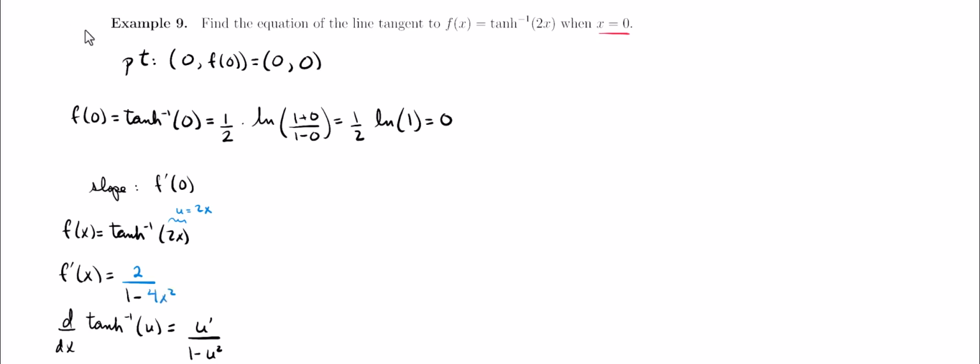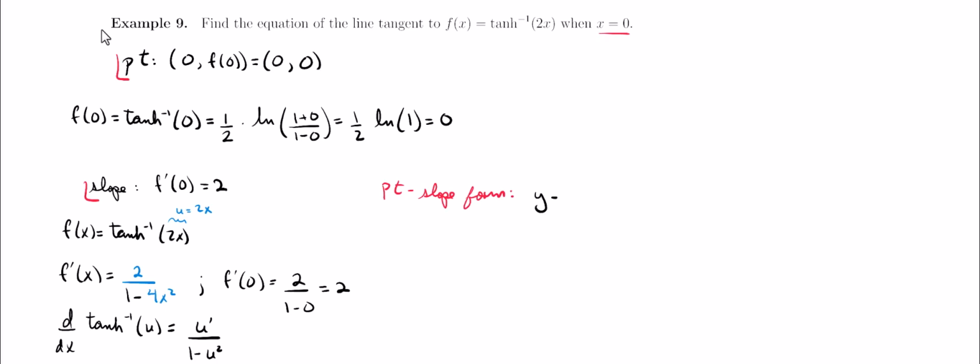Now if we evaluate our derivative at 0, we get 2 over 1 minus 0, which is just 2. So our slope is equal to 2. Now that we have our point and our slope, using the point-slope form equation for our line, we get y minus y1, which is 0, equals the slope, which we know is 2, times x minus x1, which we know is 0.